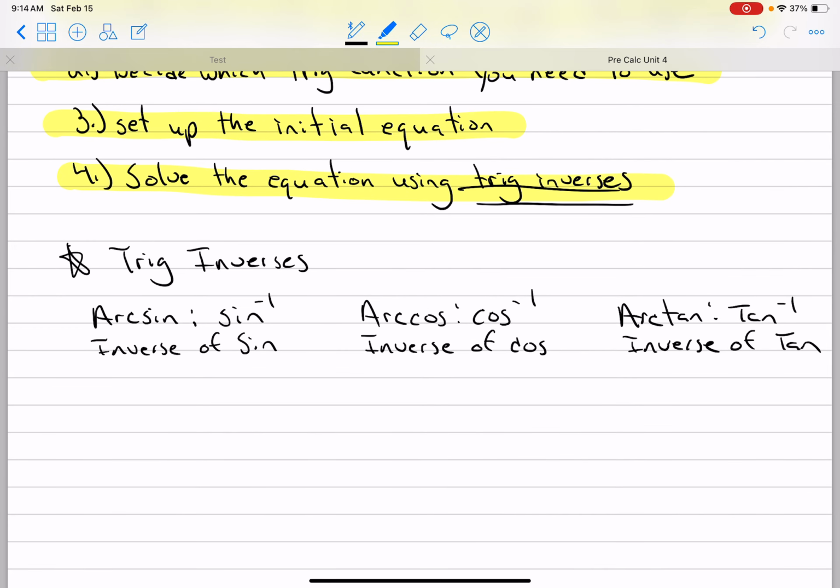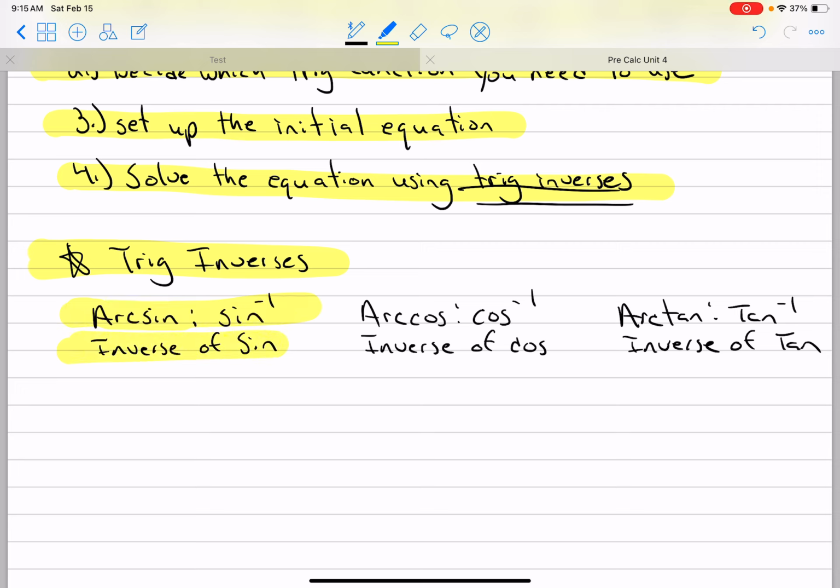So you'll be like, what's a trig inverse? Trig inverses are the thing that undoes a trig function. Like all the inverses we've had, they always undo the thing they're the inverse to. The first one is called arcsine. It looks like sine to the -1. That's the inverse of sine.